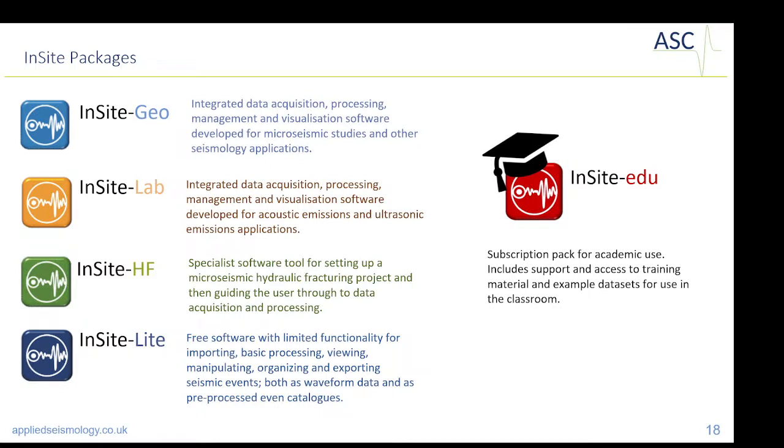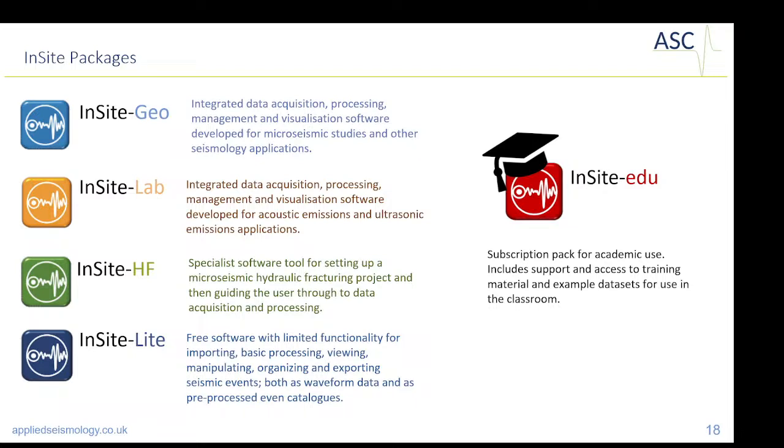Right, so just to finalize this presentation, just to inform you of the different packages within InSite. They all have basically the same tools, but they incorporate specific tools that apply for different applications of seismic monitoring. So InSite Geo will be the most general version of InSite, and mostly geared towards seismic monitoring of regional seismicity, local seismicity, or even global seismicity.